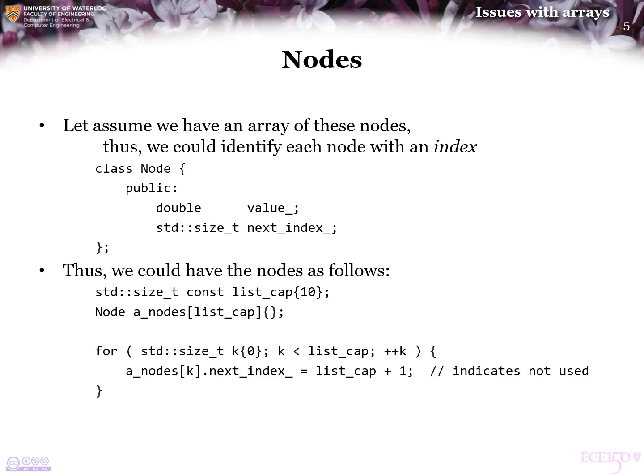We will indicate that a node is not being used by setting its next index to the capacity plus 1. So in this case, that would be 11. So if the next index is 11, that indicates that that node is currently not being used. So initially we have 10 nodes, none of which are being used for our linked list.